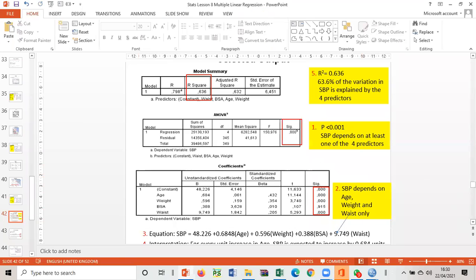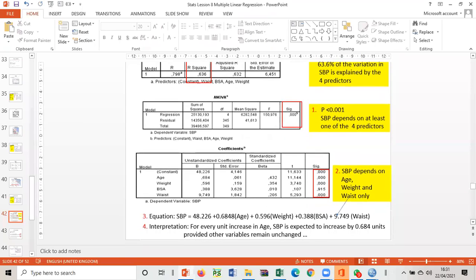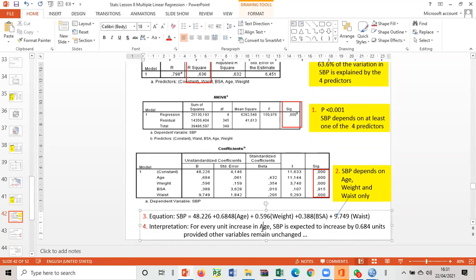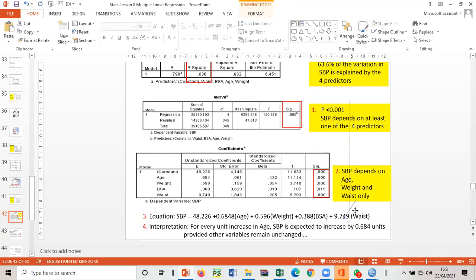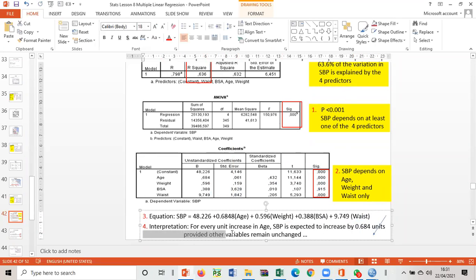How to interpret? Look below. For every unit increase in age, BP is expected to increase by 0.684 units. This last statement is important: provided other variables remain unchanged.